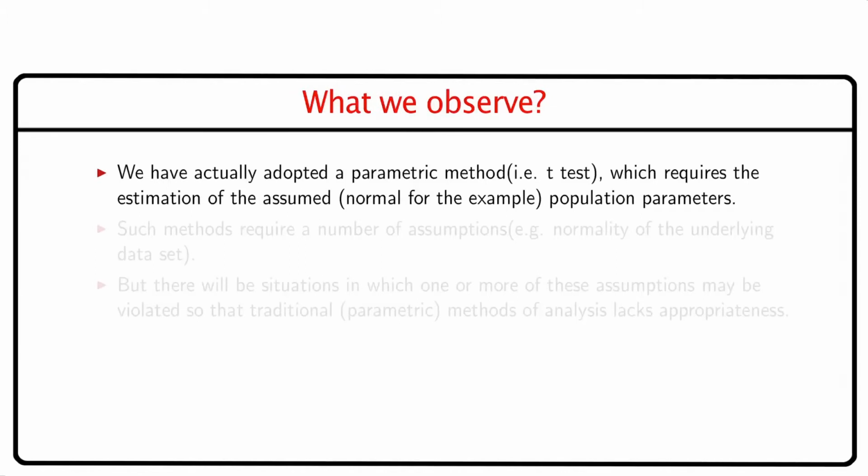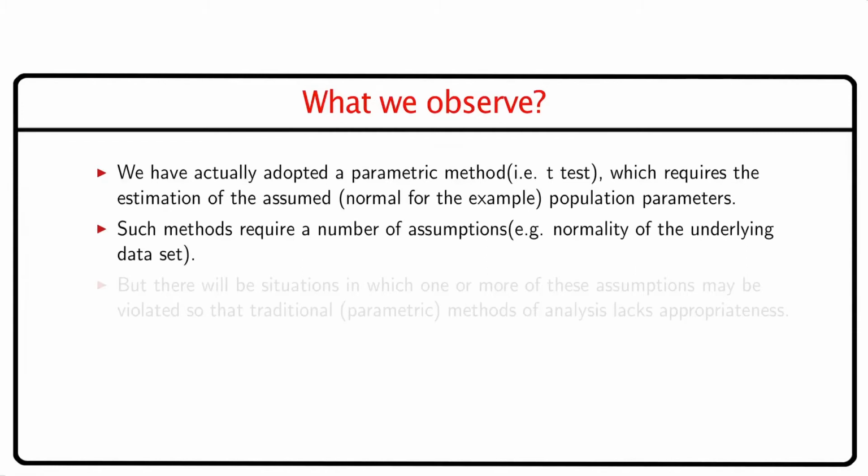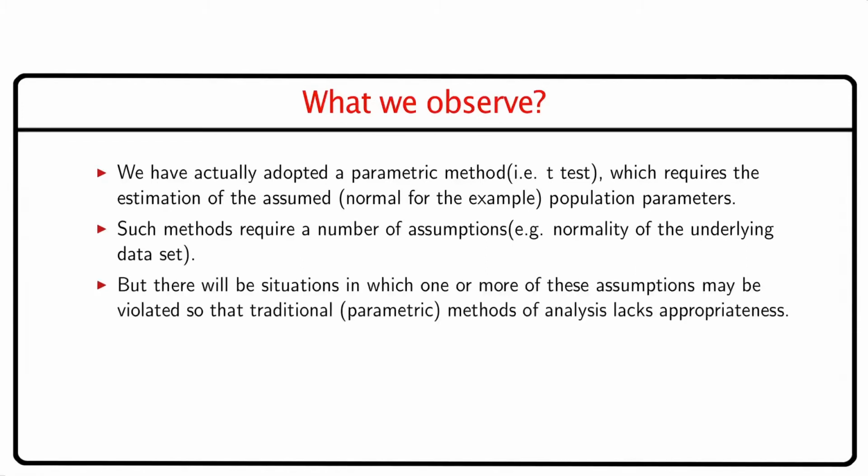What do we observe? In the previous problem, we adopted a parametric method, that is the Student t-test. And a t-test requires the estimation of the assumed population parameters. Here, for the t-test, we assume normality, and naturally such methods require a number of assumptions, as for example normality of the underlying data set.